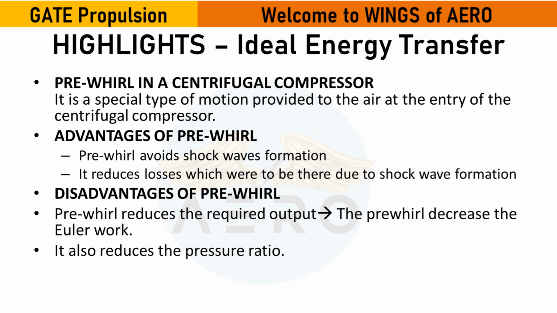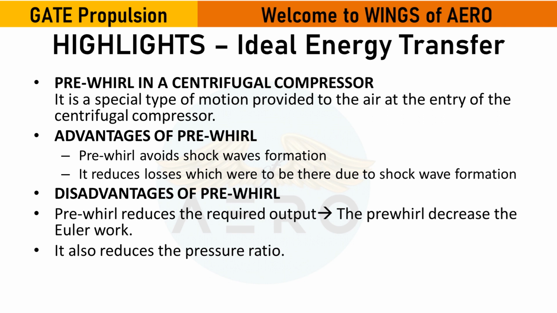There are many possibilities. So pre-whirl is to avoid shock wave formation. If they avoid the shock wave formation, there is a chance of reducing the losses. What types of losses and their reasons, we will see in today's session in more detail.